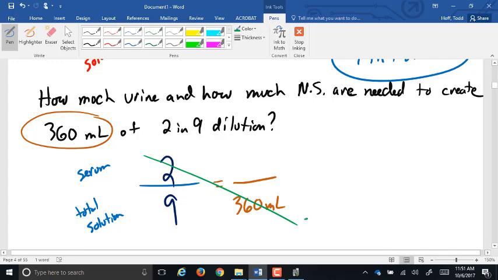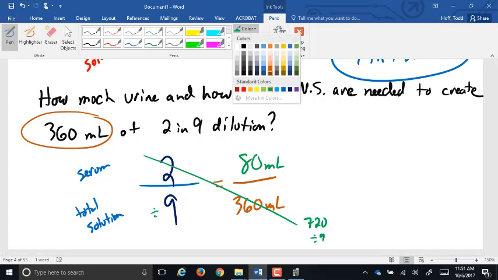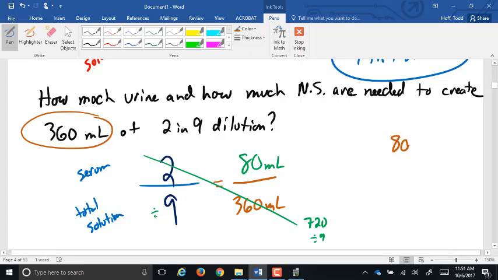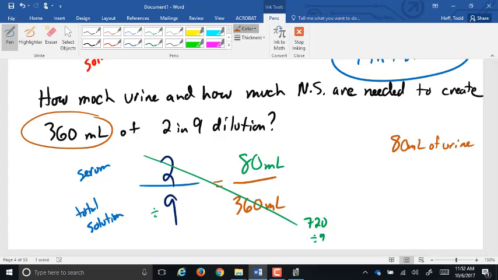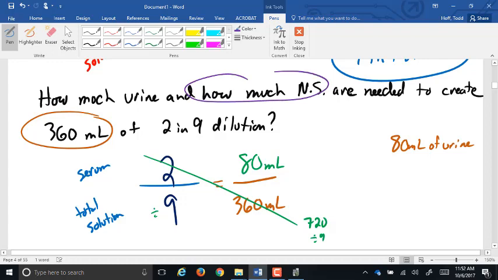So 2 times 360 is 720. We divide by the 9, gives us 80. That unit was milliliters, so that's 80 milliliters. So we need 80 milliliters of urine. Now that only answers half the question. The rest of the question was how much neutral solution or normal saline.